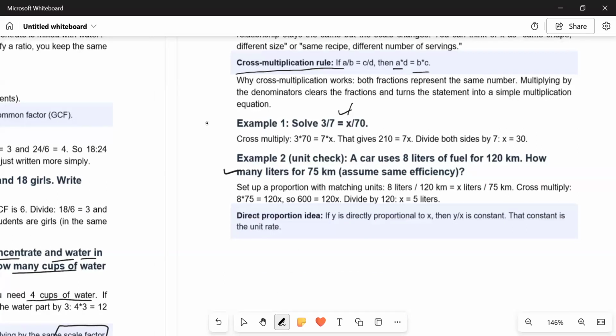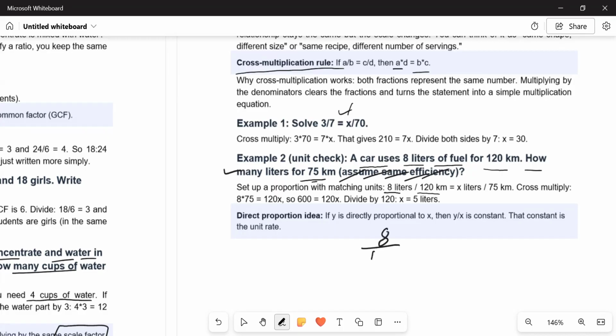Now, a mathematical problem. A car uses 8 liters of fuel for 120 kilometers. How many liters for 75 kilometers? Assume same efficiency. You don't need to worry about that. But how do we do it? We first set up a ratio and then the proportion equation. So 8 liters of fuel is required for 120 kilometers.